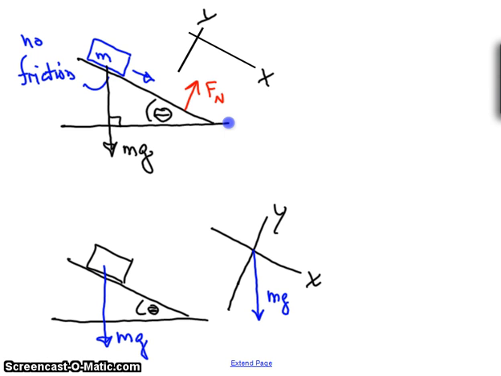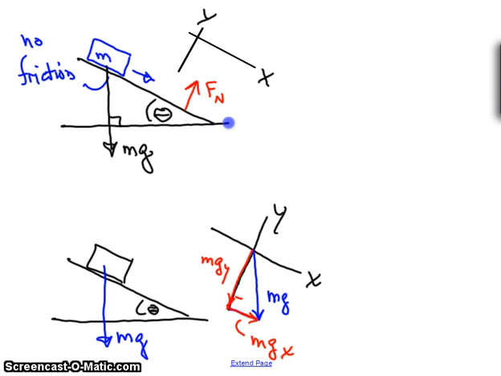What I want is the component parallel to the x-axis. That's going to be mg in the x direction. And I want the component perpendicular to the ramp, which is going to be the component in the y direction.